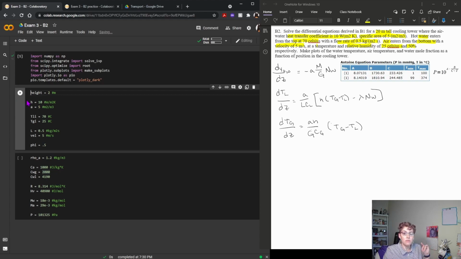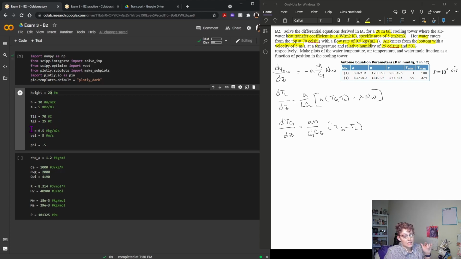I already input all of the variables that were given to us in the topic above. We have the height of 20 meters. We have our heat transfer coefficient of 10 watts per meter squared Kelvin. We have our specific area for our packing, and that is 5 meters squared per meter cubed. And then we also have our temperature for the liquid at 70 degrees Celsius, and we have our temperature of the gas at 25 degrees Celsius.